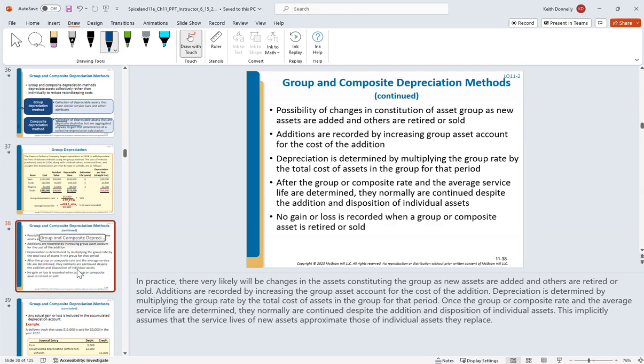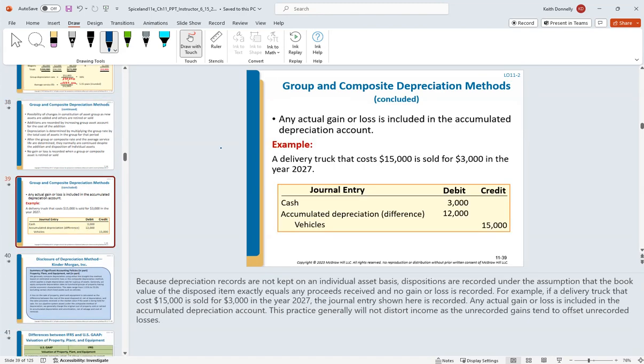One of the things is whenever you have that group, if you have a truck in there, your machine, your other piece of equipment, and you're depreciating that as a group, and over that time period you were to sell just one item of the group, you're basically going to debit cash, and then, as it has down here, you're not going to have a gain or loss.